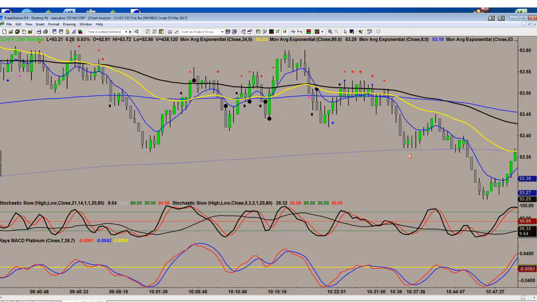The bounce off of the 200 is almost a coin flip from time to time. It's kind of like a pivot, but the problem is one day the 200 holds in a 610, one day it doesn't.